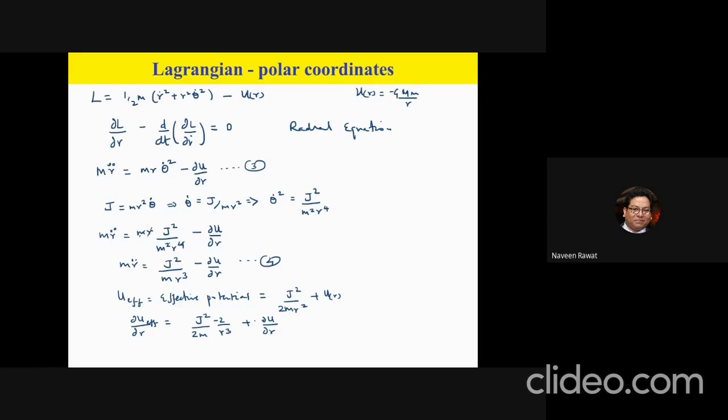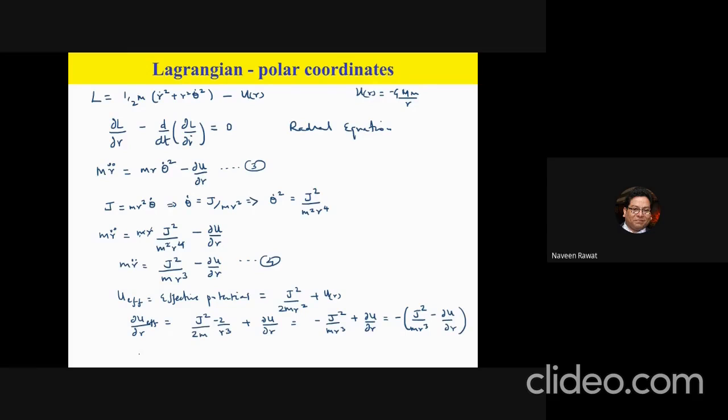Okay, and this is nothing but minus j square by mr cube plus du by dr. Okay, and I can take the negative sign outside, and then I'm getting minus of j square by mr cube minus du by dr. Okay, and that is the same expression here.